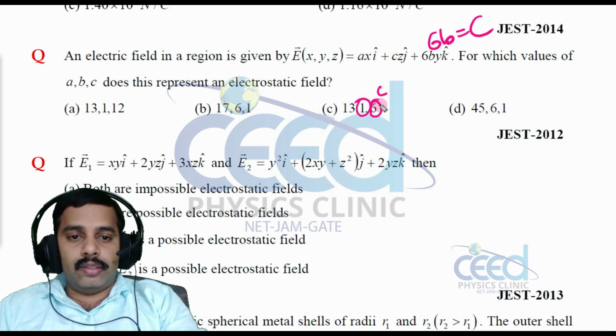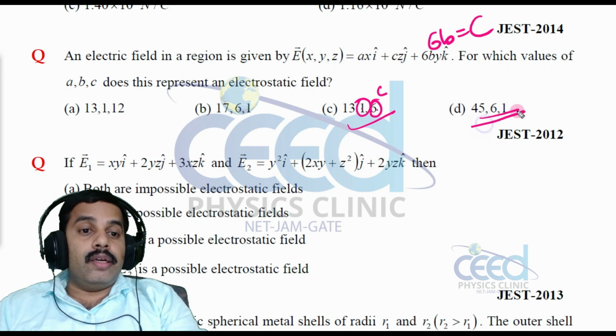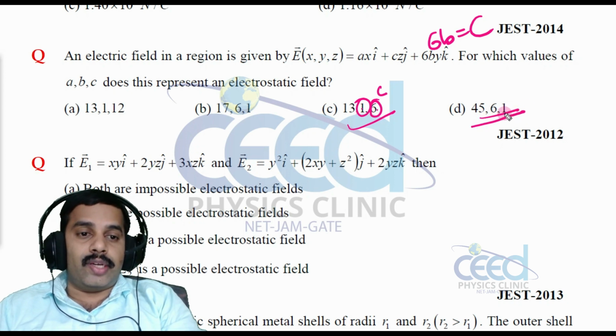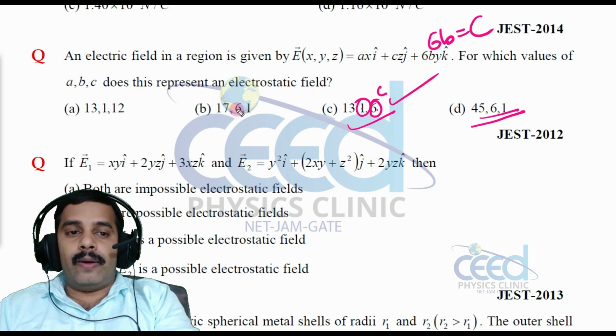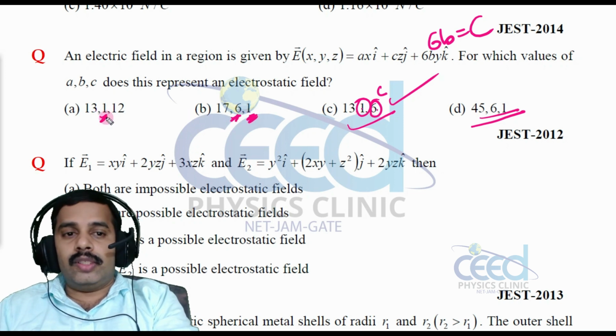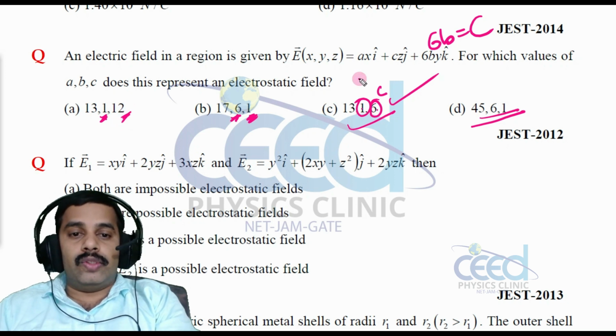Here you can see b is 6 times c, but that is not correct. Here also b is greater and c is smaller, and here also b is 6 times c, that is 12 times c. So this one will be the option.